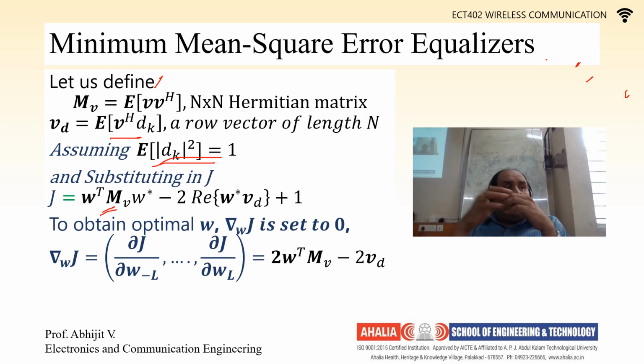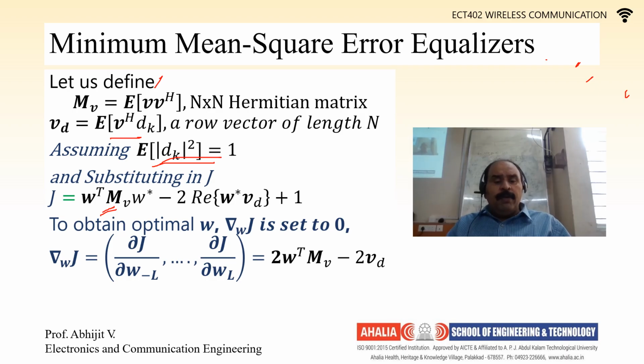So now, in order to find the optimal value, we call it W opt, or omega opt, what we do is find the gradient. Gradient omega J. We are setting this value to 0 so that we get the optimal value for W, which is our objective, right? Yes or no?